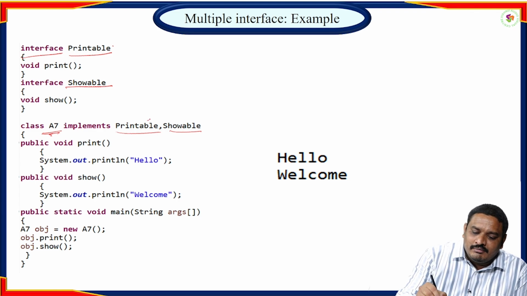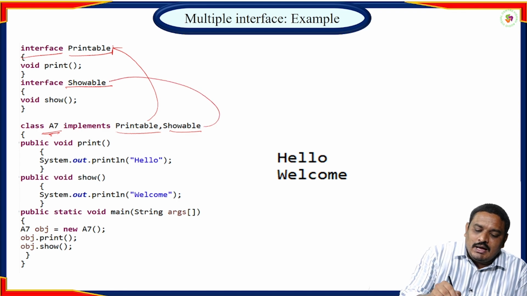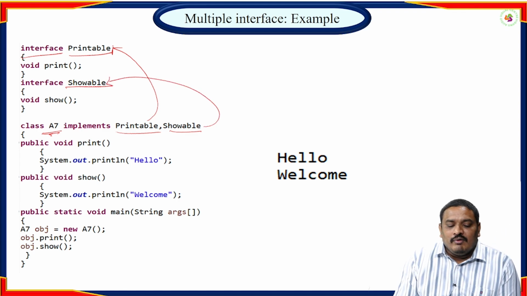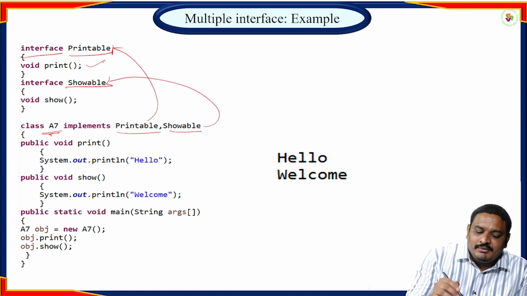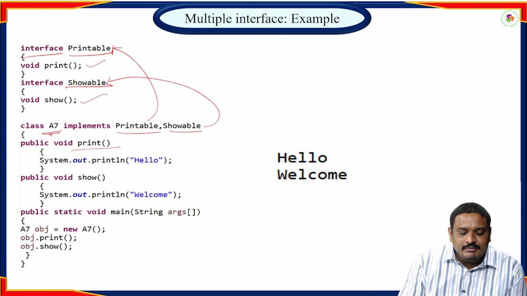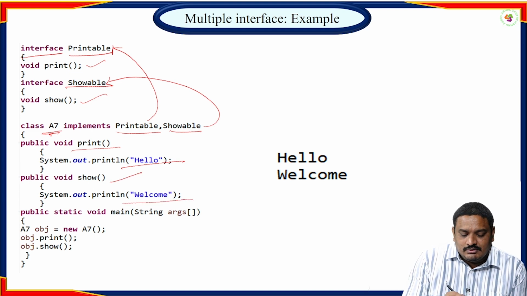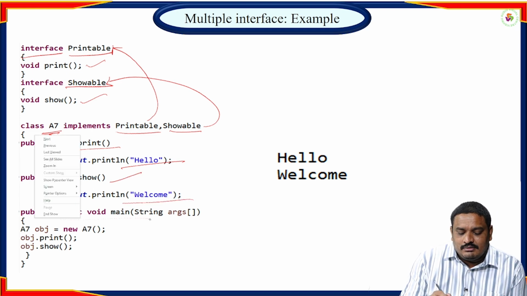Here, Printable is one interface and Showable is another interface, with two methods: print method and show method. Here we write the print method, where a hello message is declared, and the show method, where a welcome message is displayed. Now coming to the main class. This is the main method.